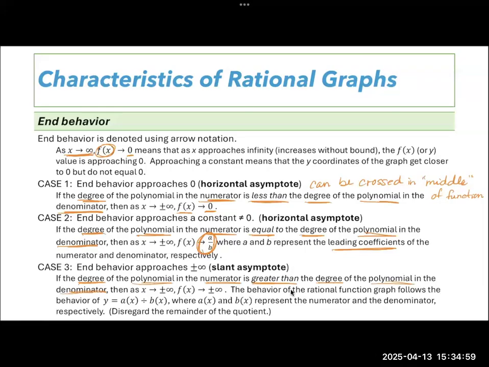In the third case, we end up with what's sometimes referred to as a slant asymptote, and you get that by actually dividing the numerator by the denominator to see what you get for an answer. And the end behavior of your rational function will follow the same kind of behavior as the quotient you get from dividing. Okay, again, I hope this will make a lot more sense once we see a couple of examples.